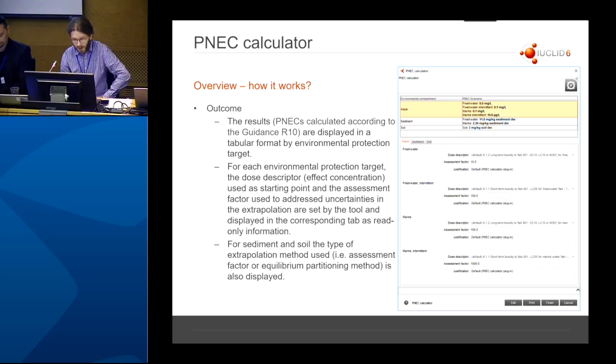And what you can do is use these defaults if you agree with them, or if you have reasons to deviate from these defaults, you can always edit these values by pressing here, change the values and give justification why you are deviating from the defaults of the guidance. So this is what the PNEC calculator is doing. It's helping you in calculating the PNEC and filling in the endpoint summary in section 6. The DNEL calculator is doing the same for section 7 and the hazard assessment for humans, for the different populations and groups of individuals.